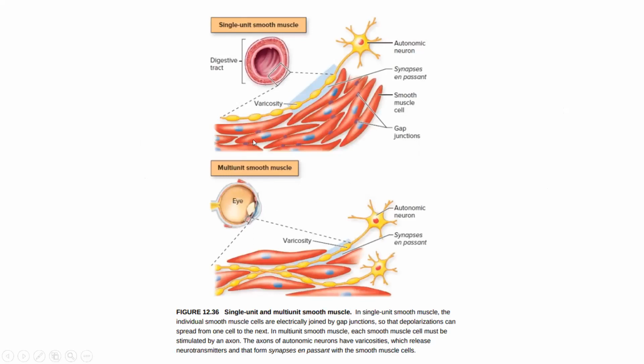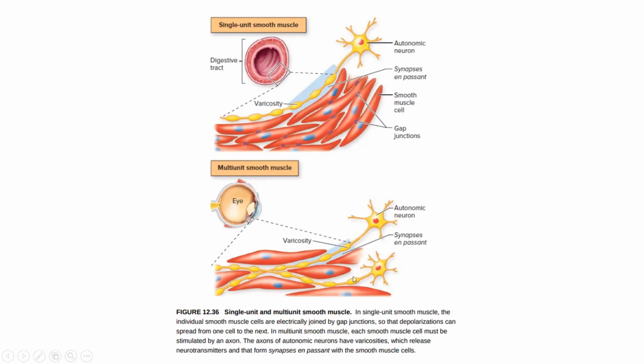The second type is multi-unit smooth muscle, which means that the axons of the autonomic nervous system have some varicosities, as you see here. These are our varicosities, little varicosities, which release neurotransmitters, and then that forms synapses on the smooth muscle cells.